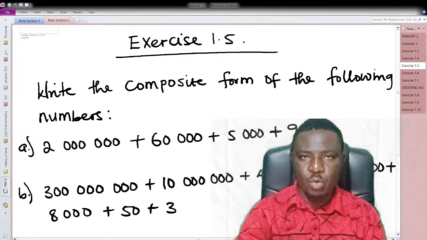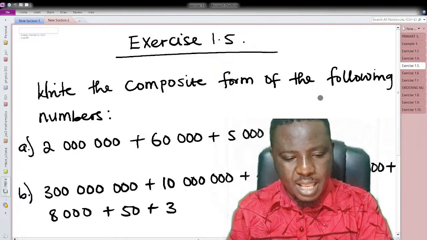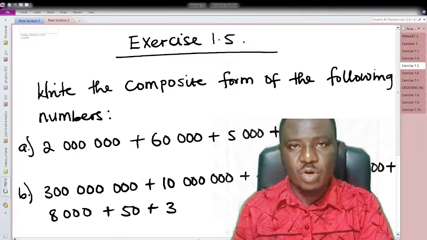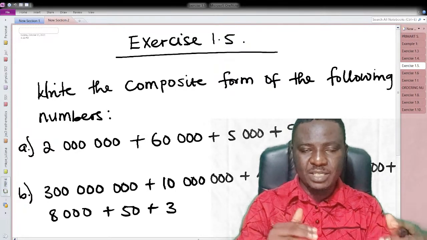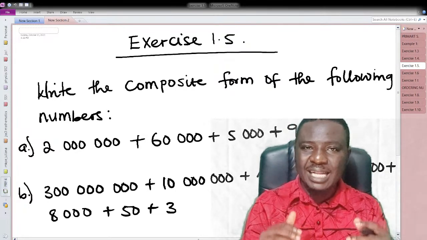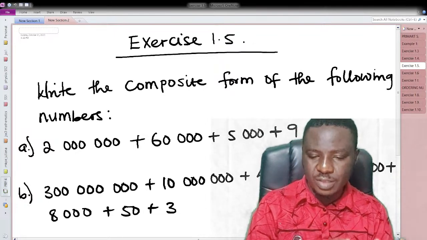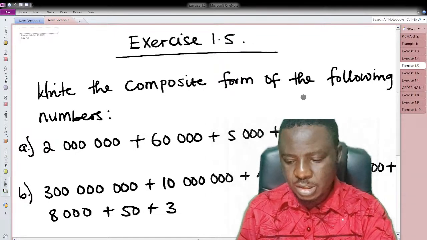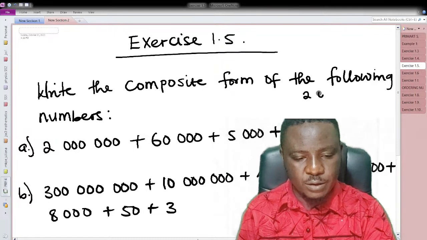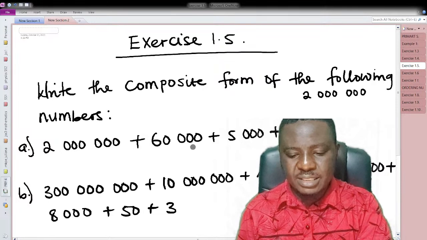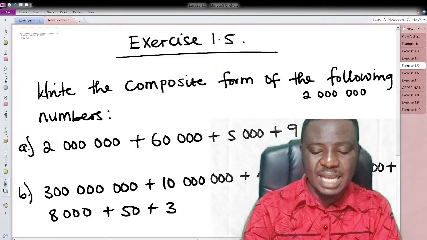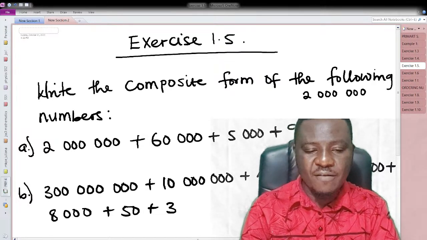Now, this is how you are going to solve it. You are going to write out 2 million. You have to write them out in hundreds, tens and units, according to their place value, then sum them up together. That gives you the composite form of the numbers. For example, this is 2 million, so I'll write 2 million. 60,000 has how many digits? 5 digits.